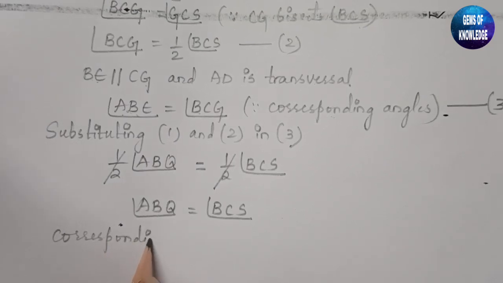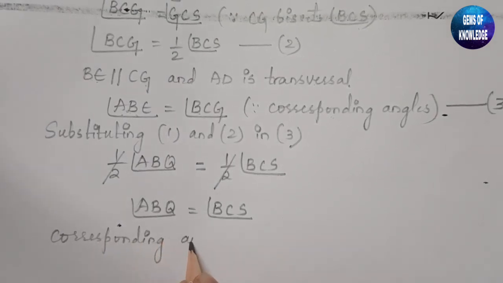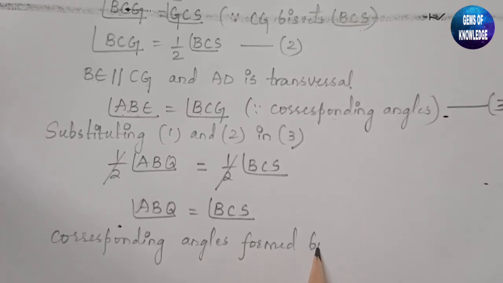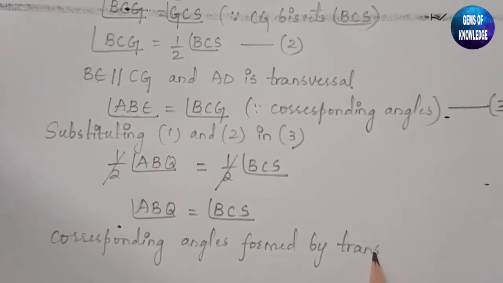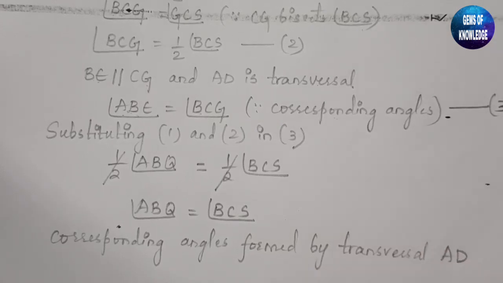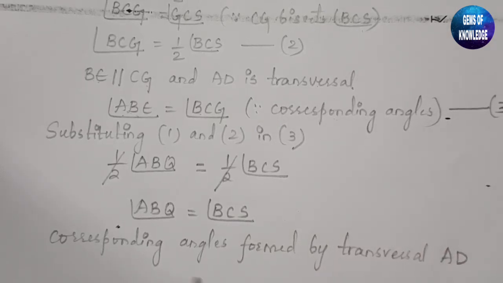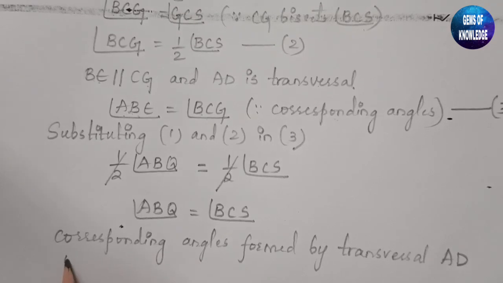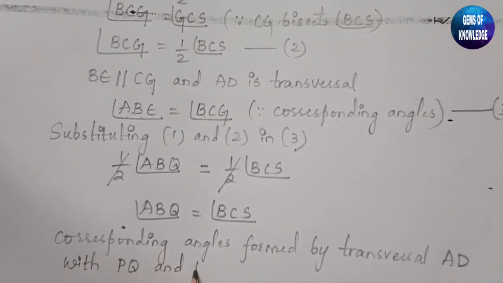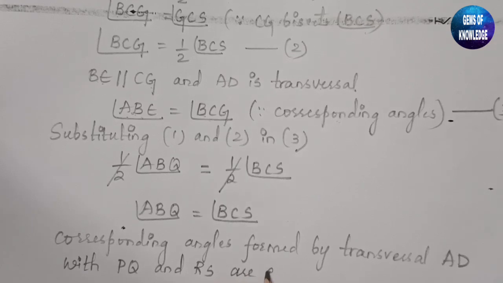These are nothing but the corresponding angles formed by the transversal AD with PQ and RS, and they are equal.